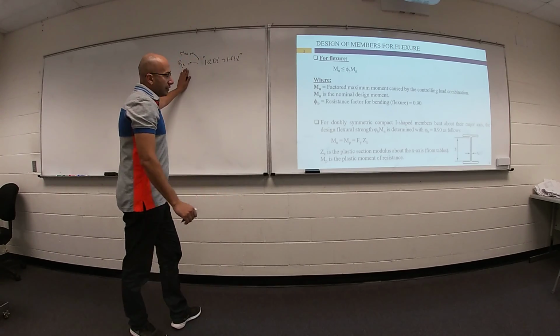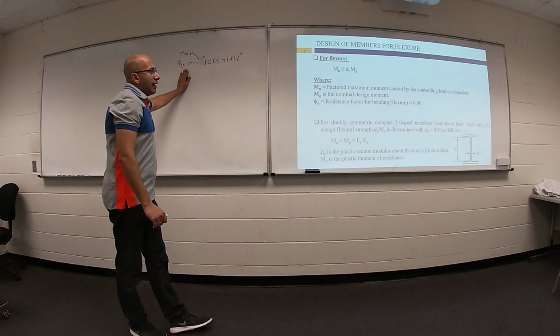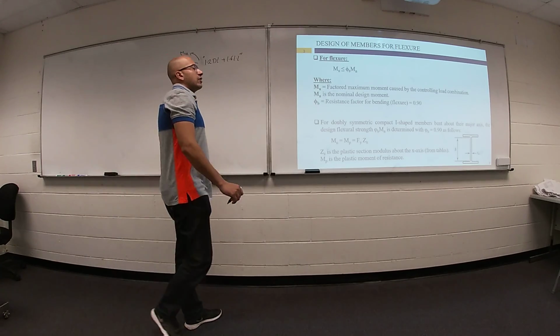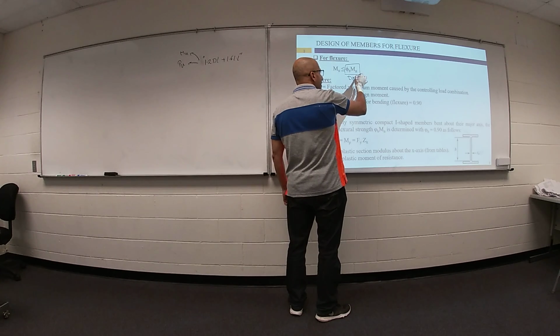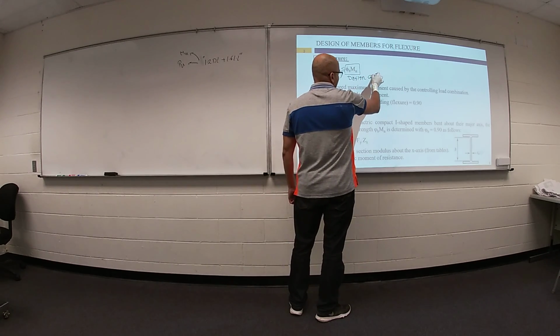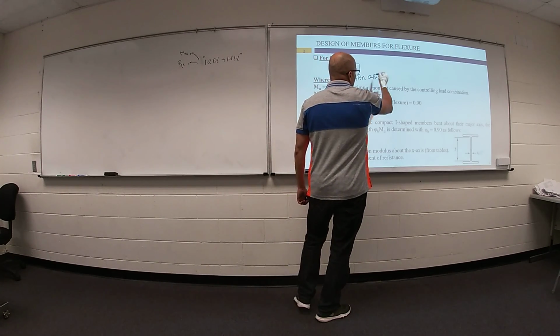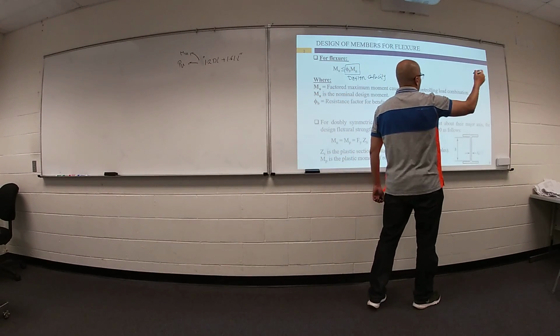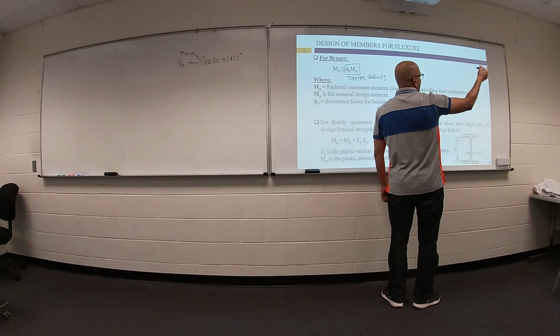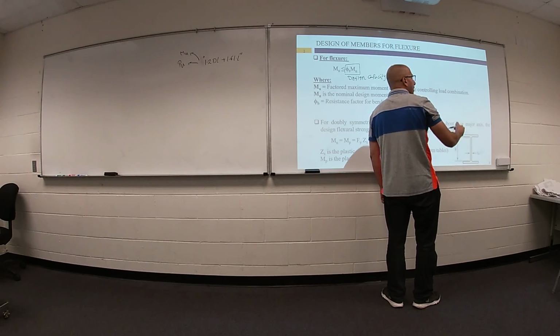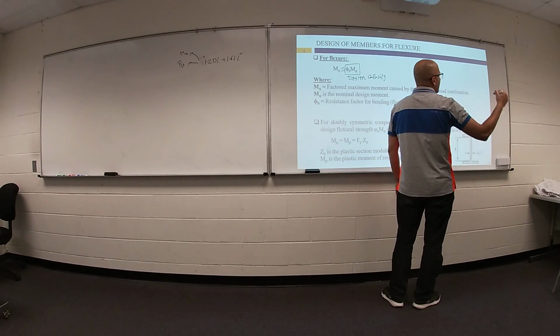This applied load must be smaller than or equal to your design capacity. Maybe your design capacity for a tension member is called design tensile strength. For a column or compression member, design compressive strength.